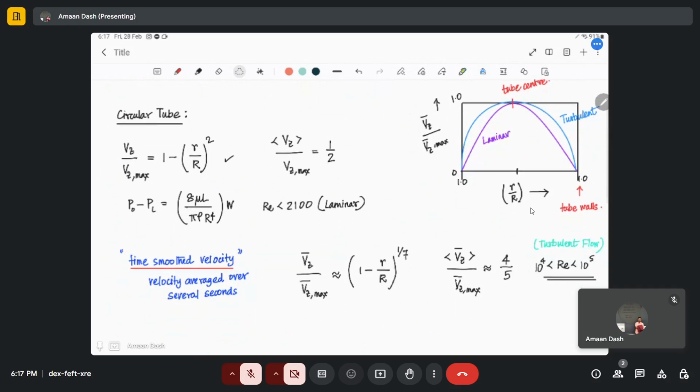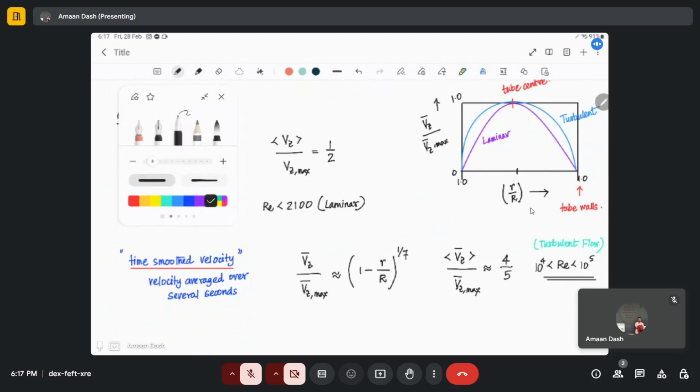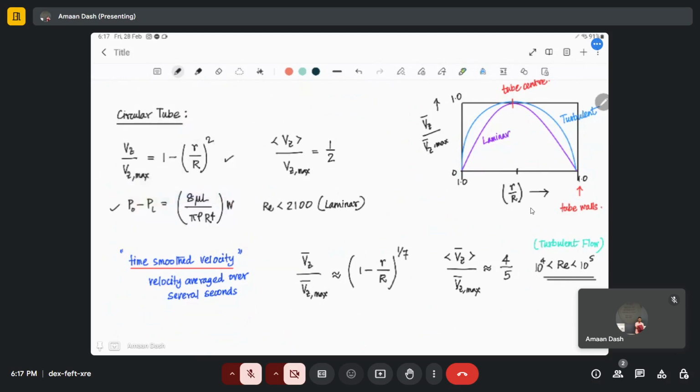Just like how this velocity distribution changed, this pressure distribution will also be different for laminar flow over the same range. This range, this pressure distribution will also be changing. So let me write it so it will be better.